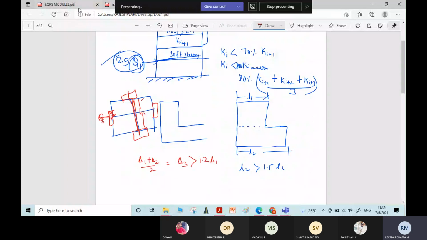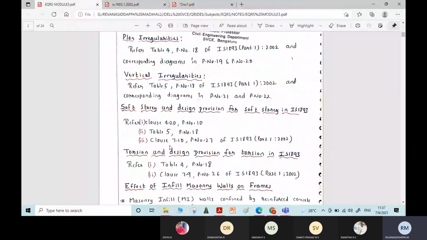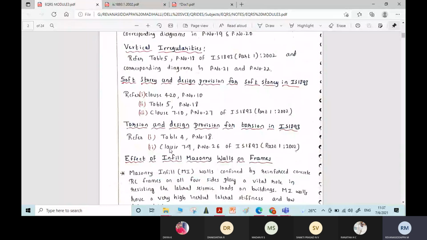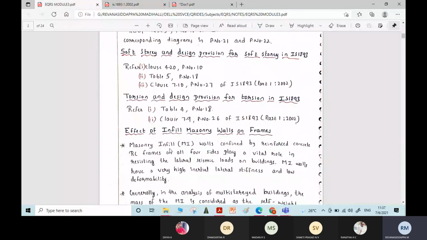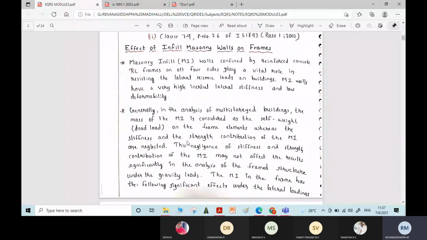So this is about the vertical irregularities, soft story and torsional irregularity, and the design provisions for both soft story and torsion. The next topic is the effect of infill masonry walls on frames.